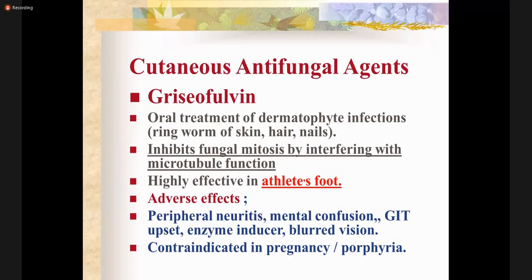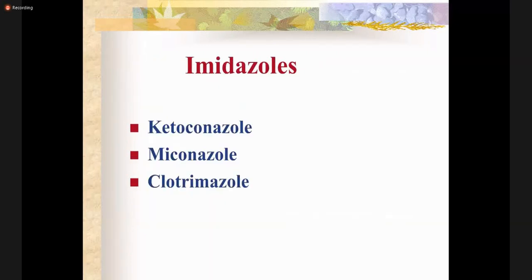This is contraindicated in pregnancy and porphyria. Then the imidazole group, they are the group that is given for cutaneous infection. We have imidazoles like ketoconazole, a very well known drug, miconazole, and clotrimazole. So they are the drugs that are given for skin infection or cutaneous infection.